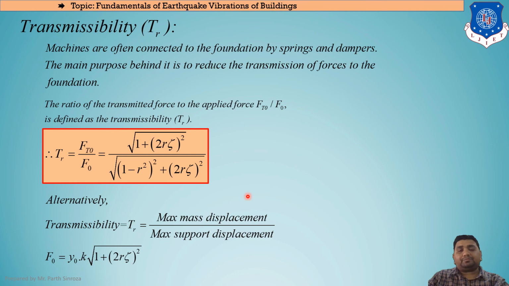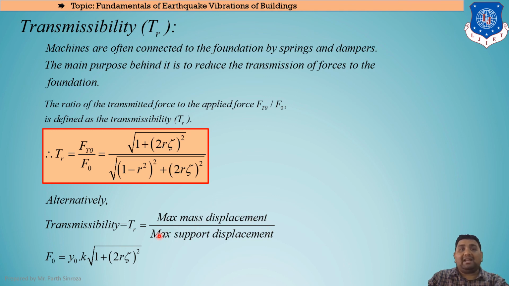Now alternatively, this equation can also be written in another form, but when? Transmissibility can also be explained as the ratio of maximum mass displacement upon maximum support displacement. So whenever in your numerical problem the maximum mass displacement or the maximum support displacement is given, then you can use this equation.